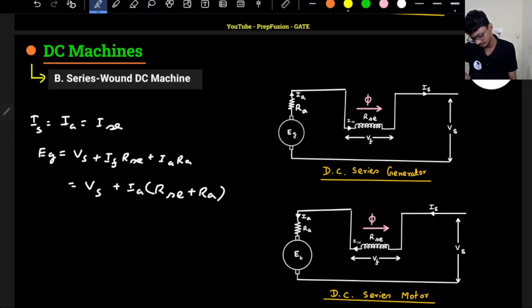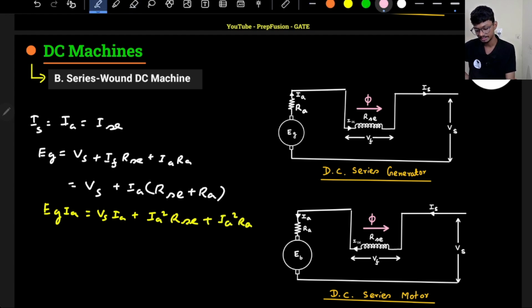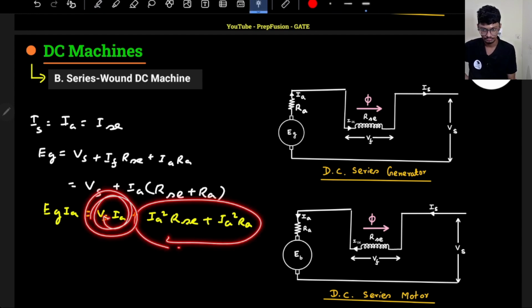Again, we can do the same exercise, that I can multiply here by IA on both sides. This will be EG into IA. This will be the power available at the shaft. This will be equal to VS into IA, that is the output power, plus IA square into the copper loss in the series winding plus the copper loss in the armature winding, right? Self explanatory, these are the losses and this is the output power. Very simple, right?